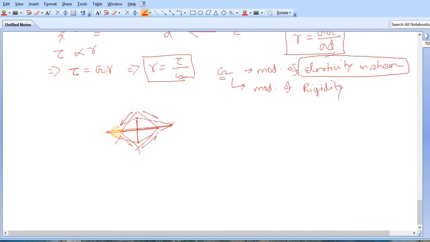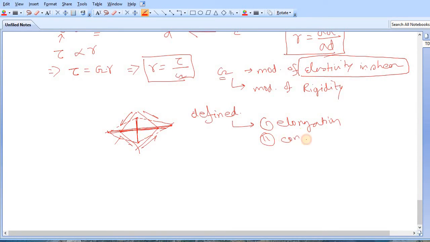Okay, so we can say this deformation can be defined by two things. One is the elongation of this diagonal, and the contraction of this diagonal.